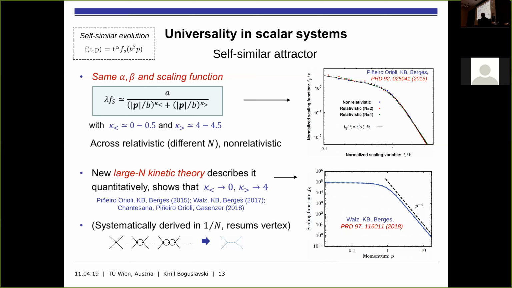So in order to get a kinetic theory, what one can do is systematically derive the kinetic theory by resumming all terms that come at a certain order in 1 over n, basically at next-to-leading order, for instance. And then you can think about what happens at n equals 1?